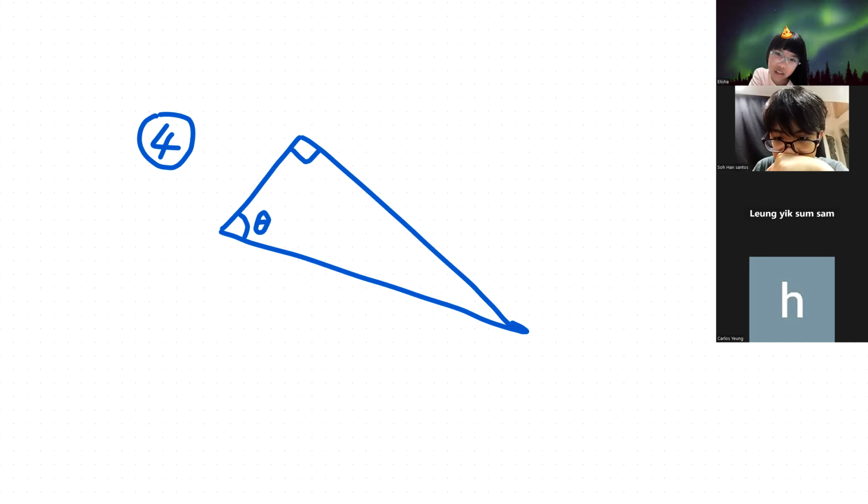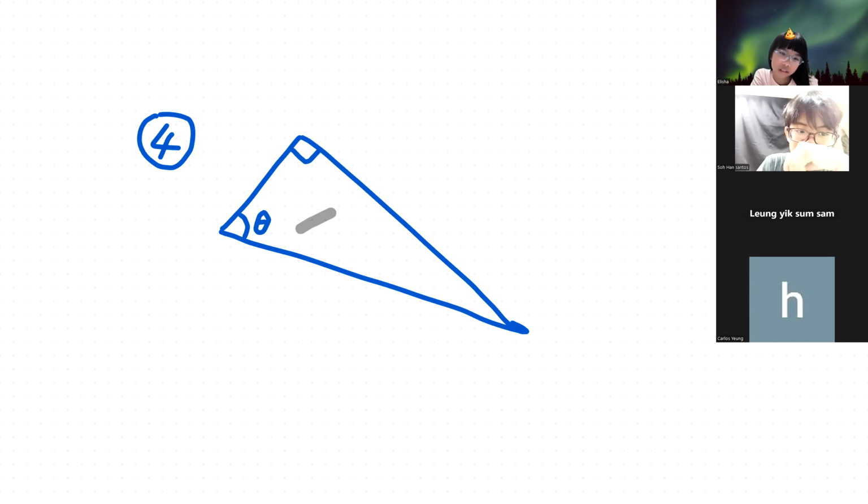Eliza, don't touch it. Let Santos identify the line first.